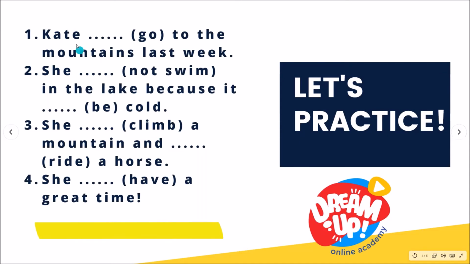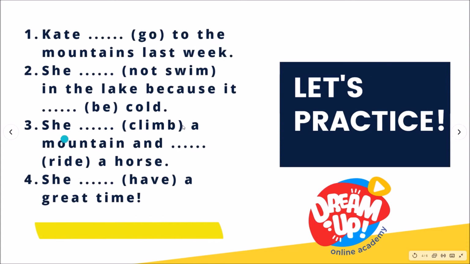Okay, so we have: Kate, blah blah blah, to the mountains last week. Write your answers on a sheet of paper if you want. She, blah blah blah, not swim in the lake because it, blah blah blah, cold.